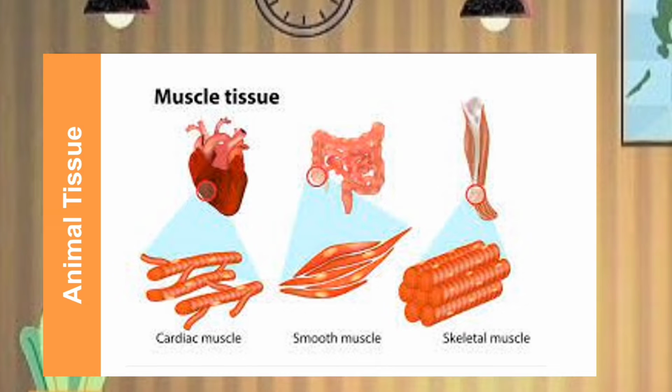Okay, time is up. So the picture on the right is what muscle? That's right, the right one is cardiac muscle. And then the middle one is smooth muscle. And the left one is striated muscle.